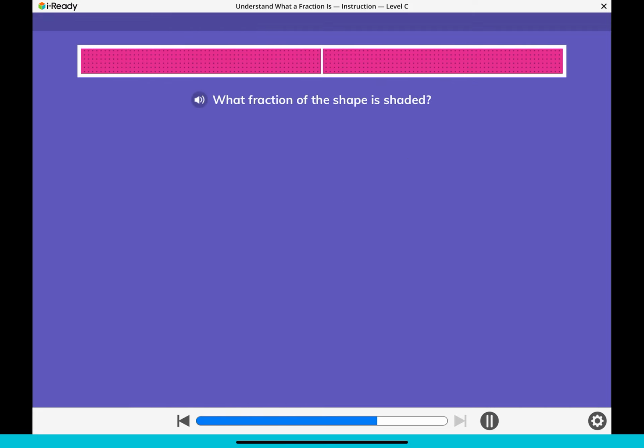What fraction of the shape is shaded? Write 2/2 in number form.